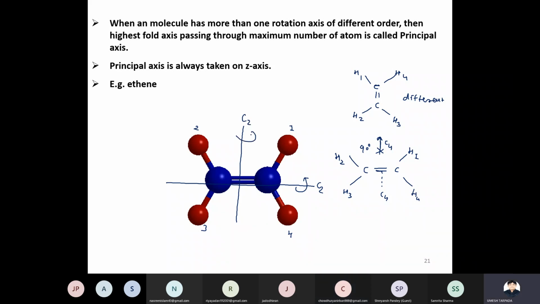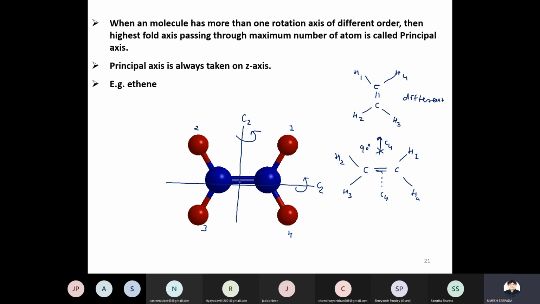These two are in the plane of the molecule. 1 and 2 and 3 and 4. Yes, and of course the carbon also can change its position. Carbon number 1 and 2 can change their position. And see, these two are in the plane of the molecule.